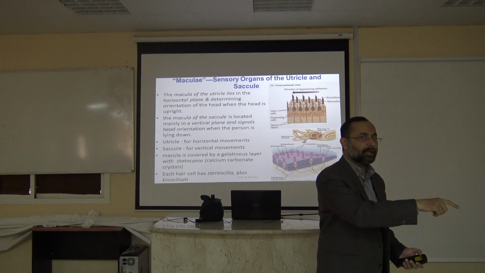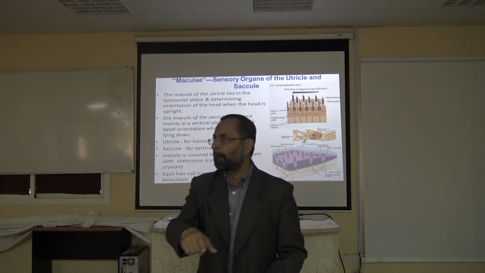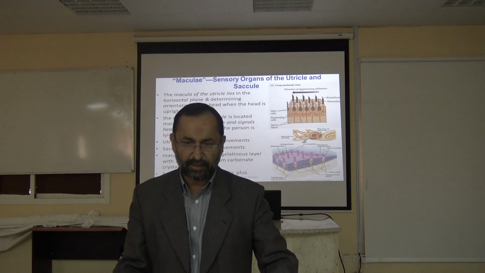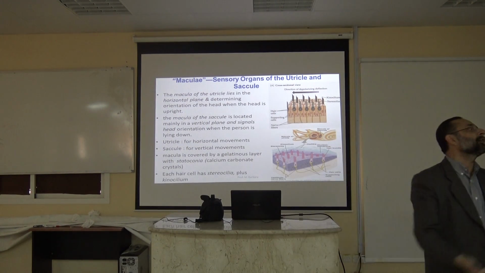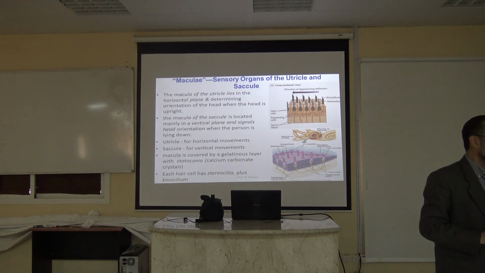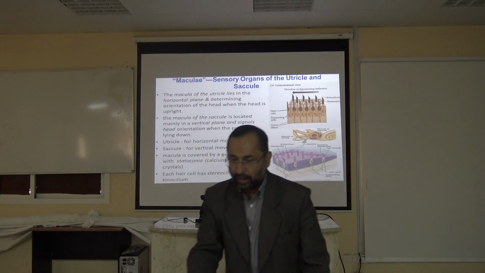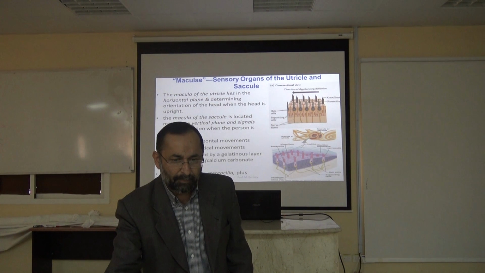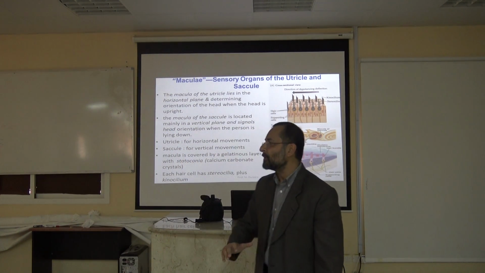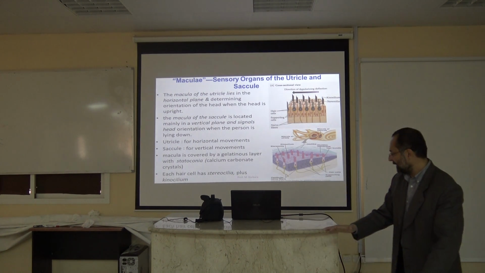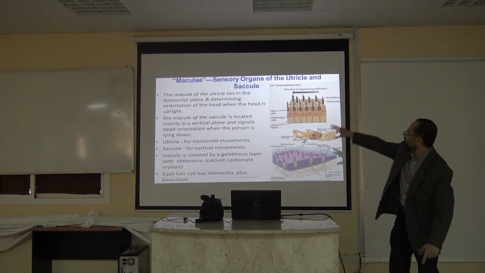Well, the macula of the utricle, we talked about that. It is present on the floor. Now consider this is a saccule. It's not the utricle now, it's the saccule. The macula of the saccule is not present on the floor. It is present here, just like you see this screen.